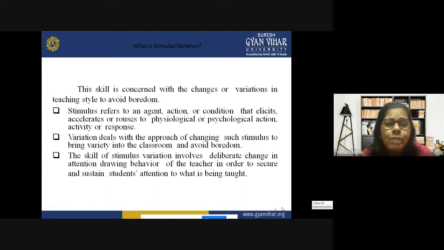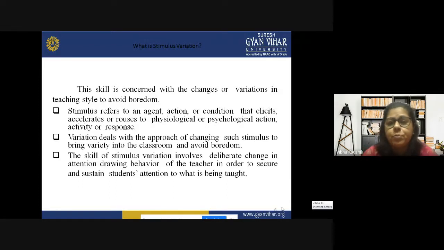It is helpful for the teacher to draw the attention of the learners in order to secure and sustain student attention to what is being taught. It's not only helpful in drawing the attention of the learner, but at the same time it is helpful in sustaining the students' attention to what is being taught to them.